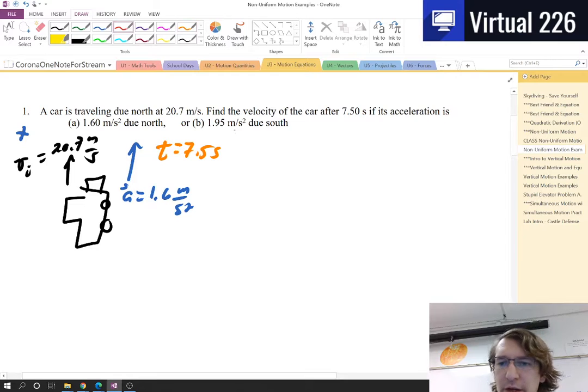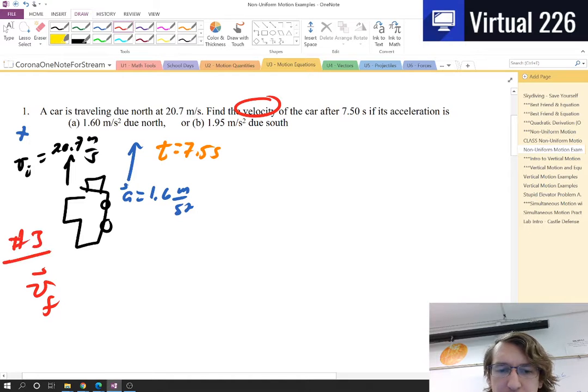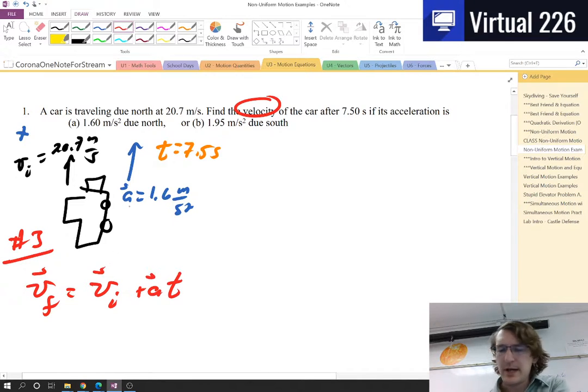So if we're looking for a final velocity here, VF, we can go ahead and use equation number 3 from our best friend, which states that VF is equal to VI plus the acceleration multiplied by a time. Now that we have an equation, we can put in some numbers.